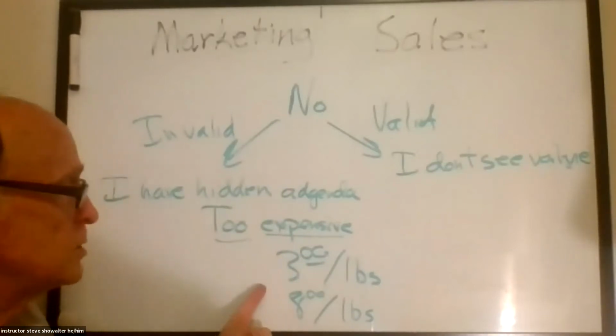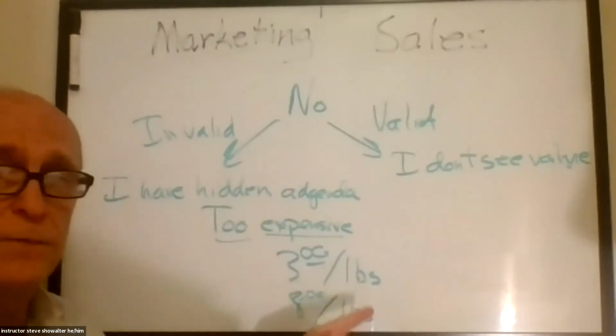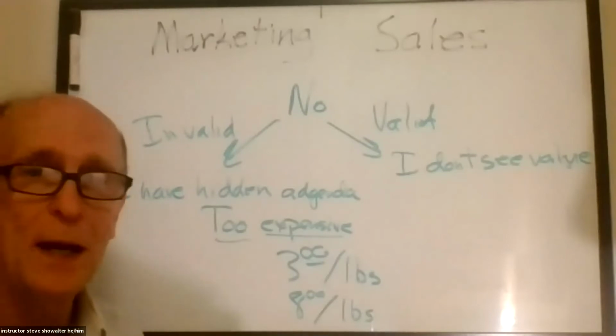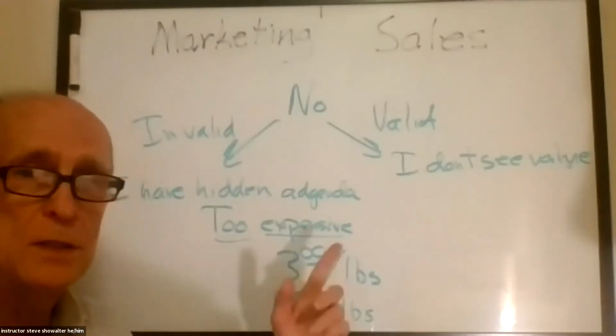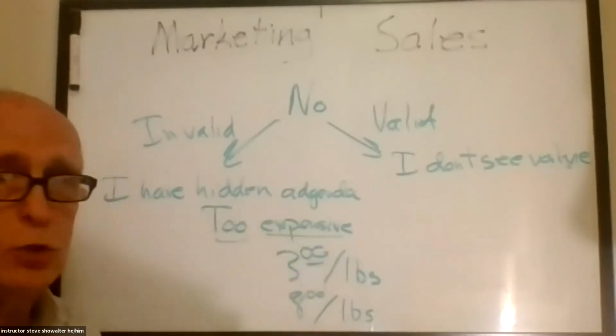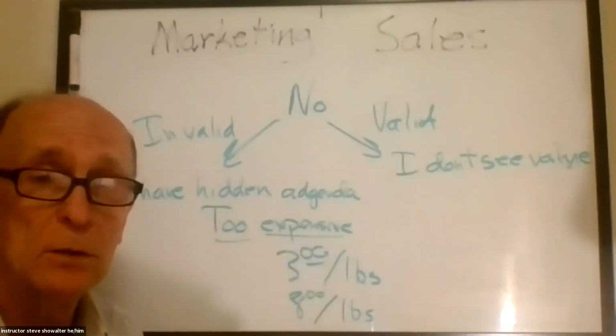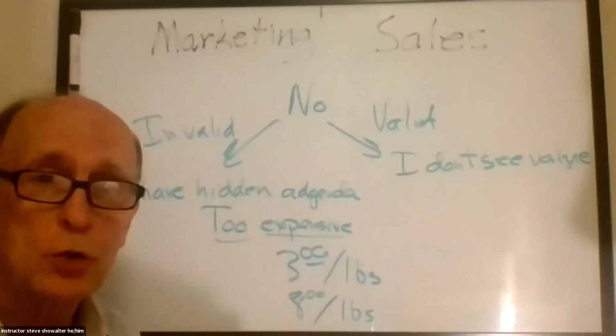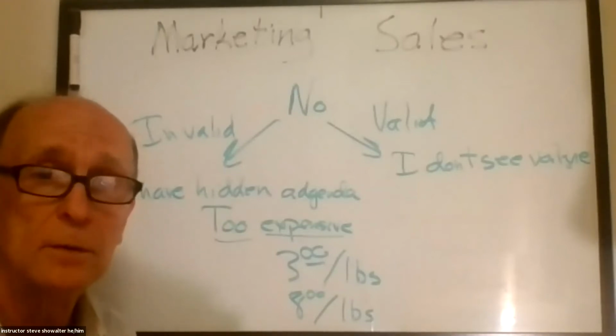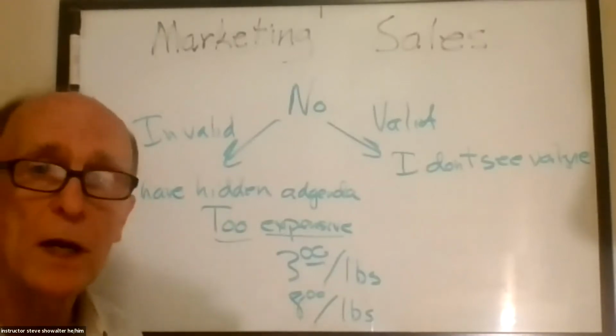The question is, is the health benefit worth $5 a pound? If say you use a half a pound per meal, is it worth $2.50 at dinner to be more healthy? That's really the question.